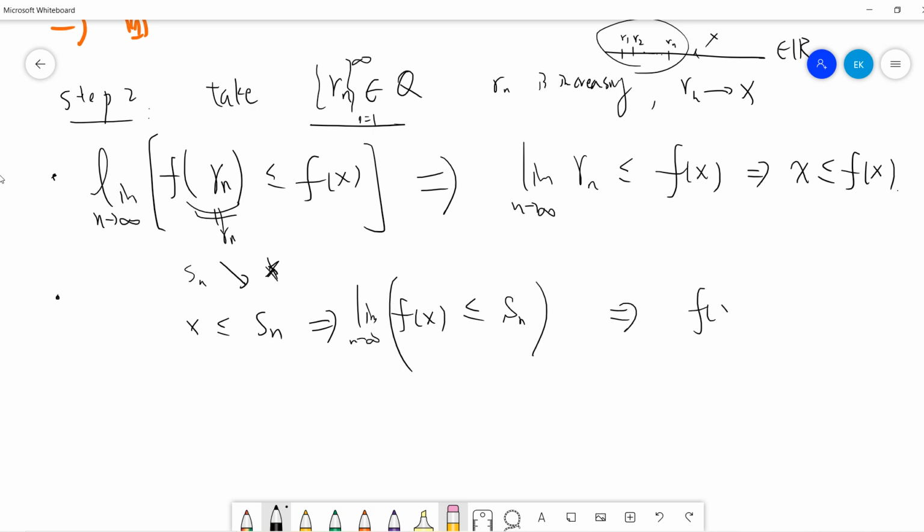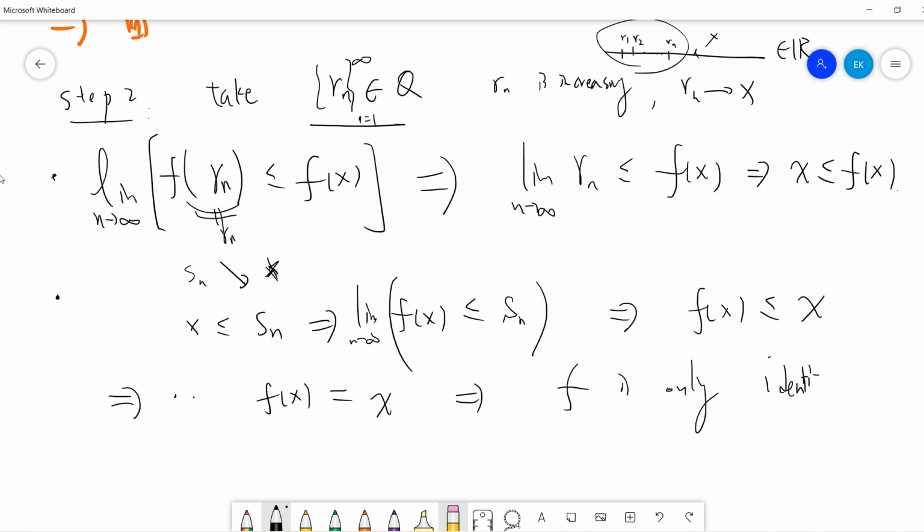This gives you f of x less than or equal to x. So from these two, we know that f of x is x. So f is only the identity. Okay, so the proof is done.